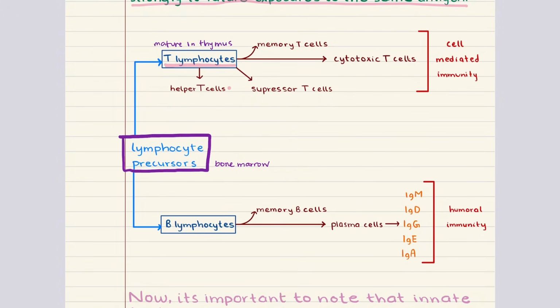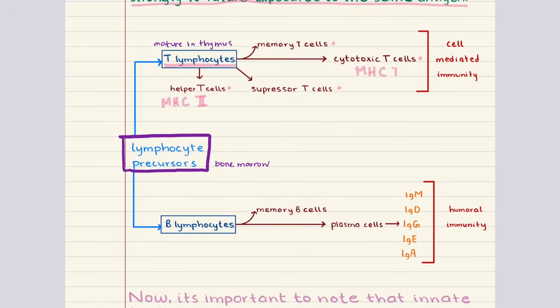Mature T cells can differentiate into helper T cells, cytotoxic T cells, regulatory T cells, or memory T cells. Helper T cells can recognize MHC class II antigens and then release signals to activate B cells, cytotoxic T cells, and macrophages.